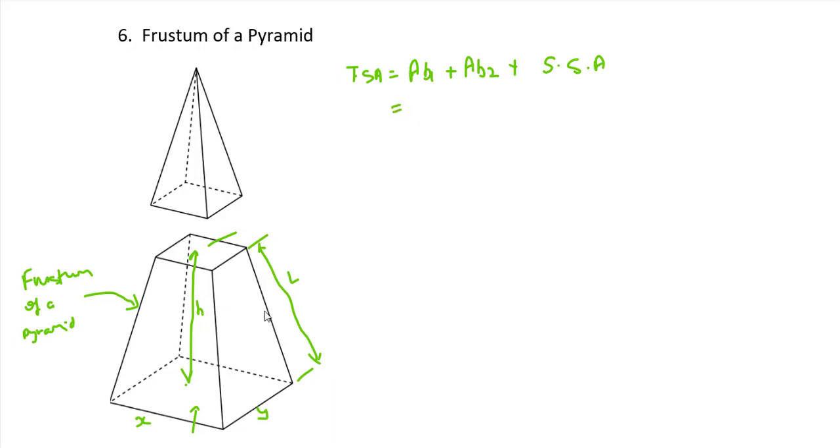So area of base, let us call this x1 y1 and this x2 y2. So area of base 1, in case of a rectangle, is length into breadth, which is x1 into y1. For area of base 2 we will have x2 into y2. Now for slant surface area, the formula is directly half into perimeter of base 1 plus perimeter of base 2 into the slant length.